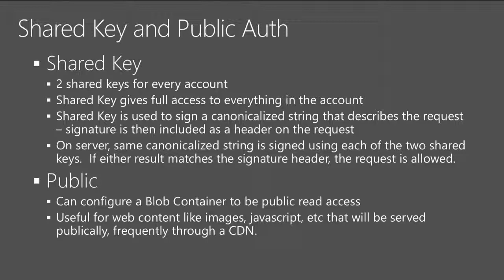The shared key gives you full admin access. And the shared key gives anybody that you give the shared key to full admin access. So make sure that you guard the shared key as well as you possibly can, because as soon as somebody has it, they can do everything. But shared key is kind of the default. It's what most people use for now. We'll talk about in a minute some options that are coming.